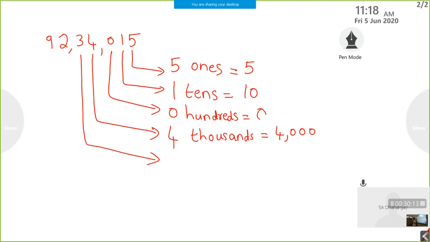The value of the 10,000s place is 10,000, but here the digit 3 lies in the 10,000s place, so its place value is 3 ten-thousands, which is 3 into 10,000, equal to 30,000.